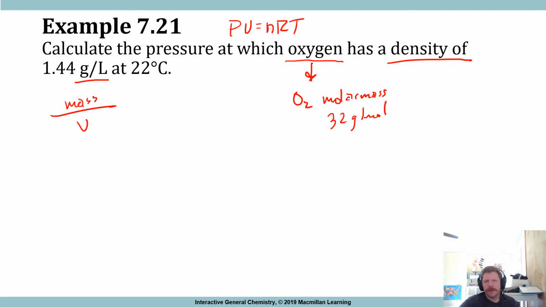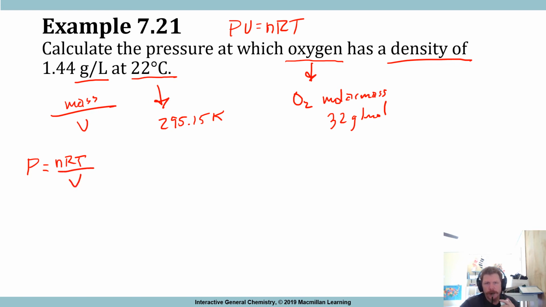Okay. We have a density, we have a temperature, which is 295.15 Kelvin, because I did 22 plus 273.15. Now, what I need to do is solve for P. P is equal to nRT divided by my volume.